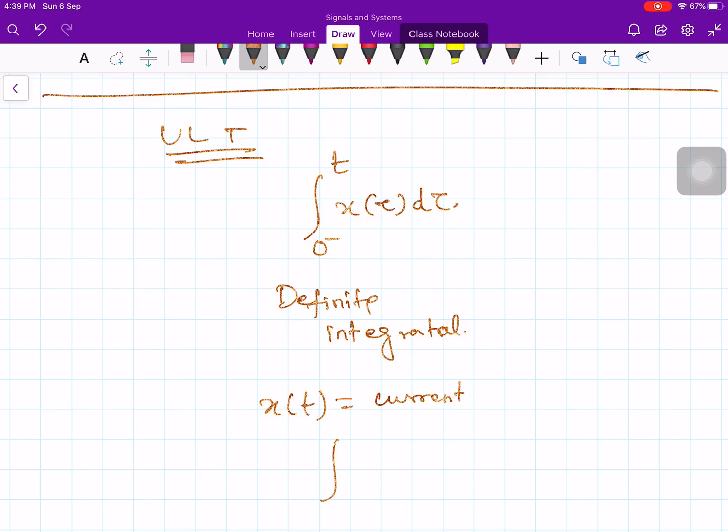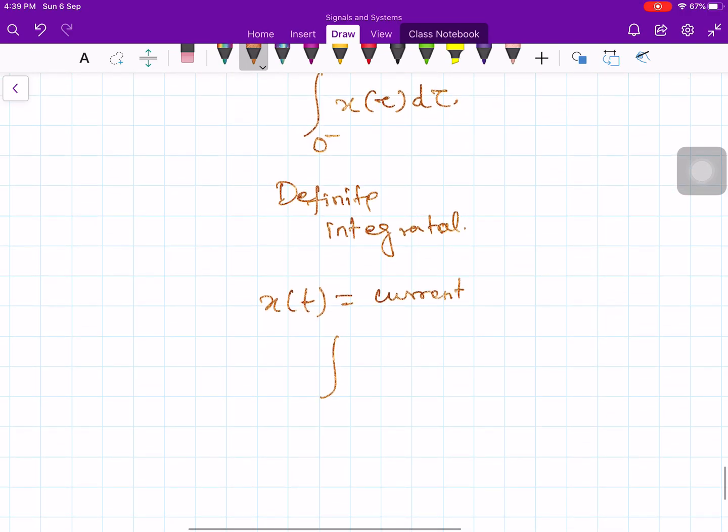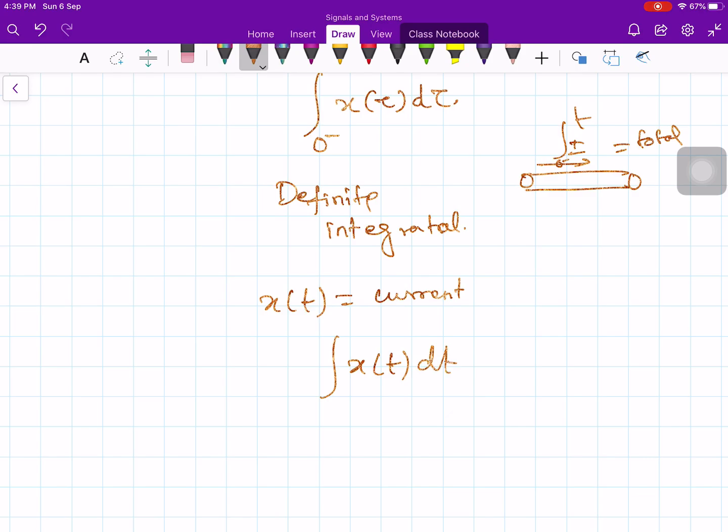You take a copper wire and there is a flow of current I, that means a number of coulombs per second. If you integrate this current over a period of time from 0 minus to t, you will get the total charge.